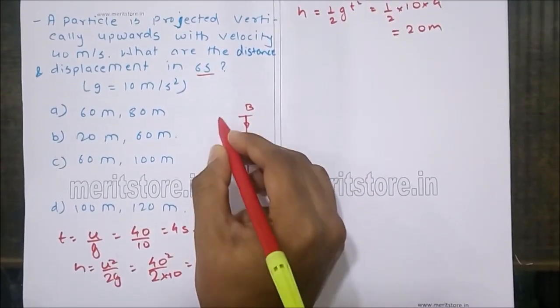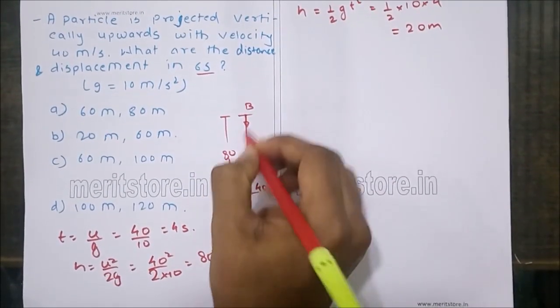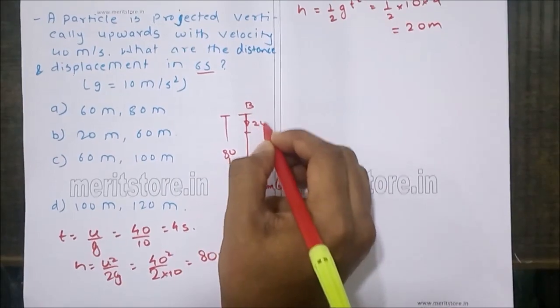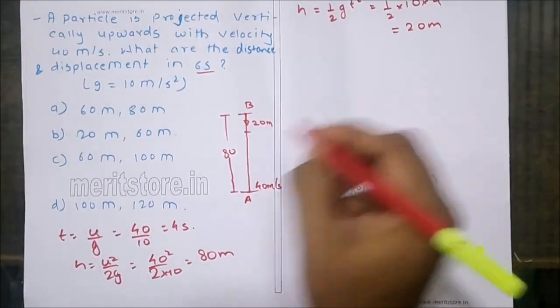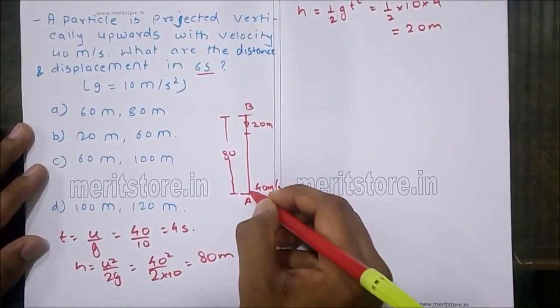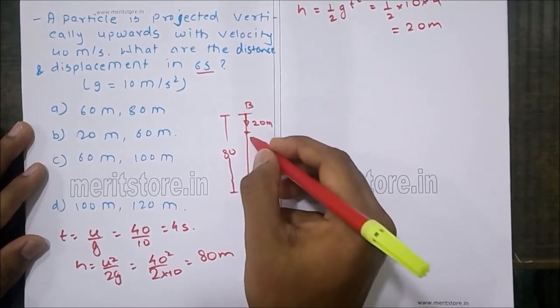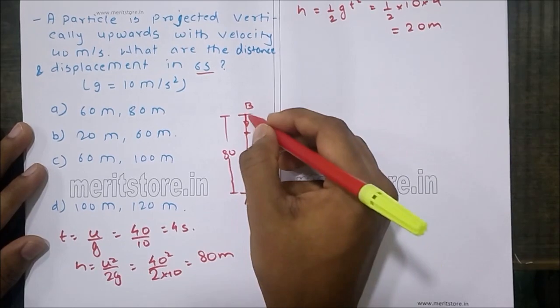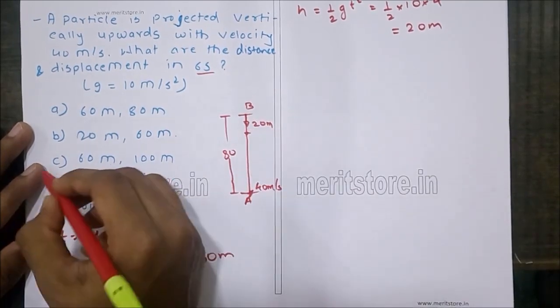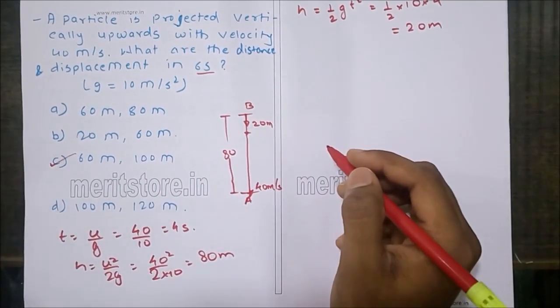So the total distance up is 80 and it falls back a distance of 20 meters. So the displacement is 80 minus 20, 60 meters, and the distance traveled is 80 plus 20, that is 100 meters. Hence option C is the correct answer.